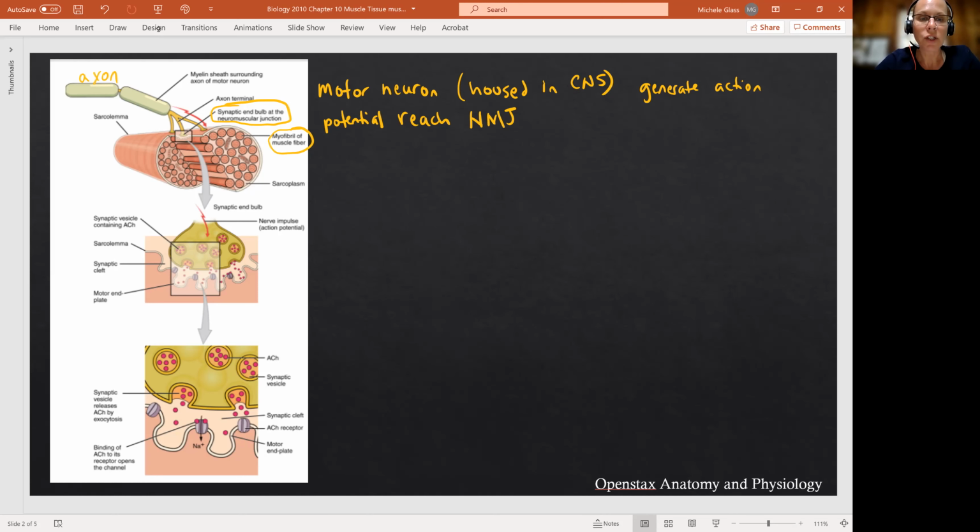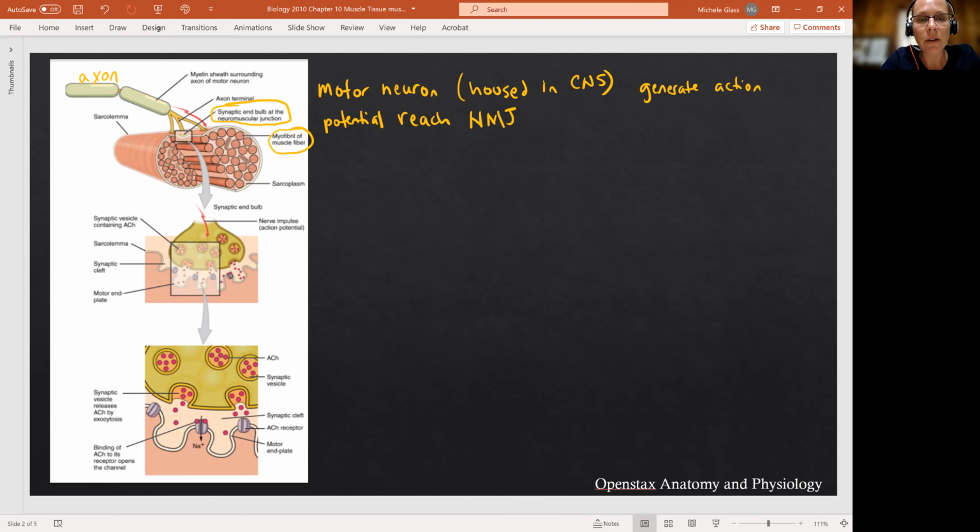Now, when that action potential reaches the synaptic knob, in the next picture we're getting a close-up view of the neuromuscular junction. We're seeing this enlarged part of the synaptic knob. We see those vesicles of the neurotransmitter acetylcholine. We see the gap or space in between the two cells, which we call the synaptic cleft. We see the highly folded sarcolemma with those chemically gated sodium channels, and we call that particular area the motor end plate.